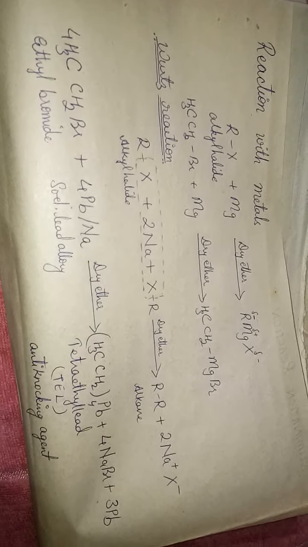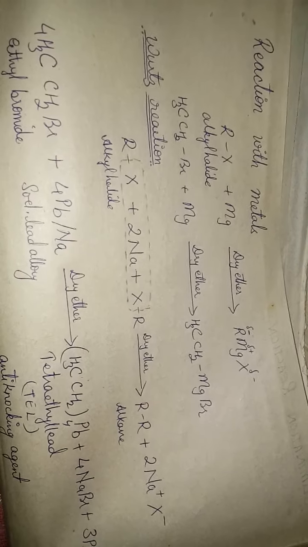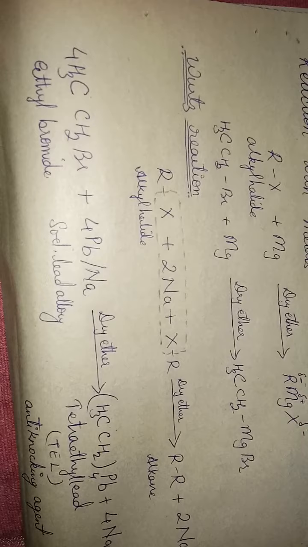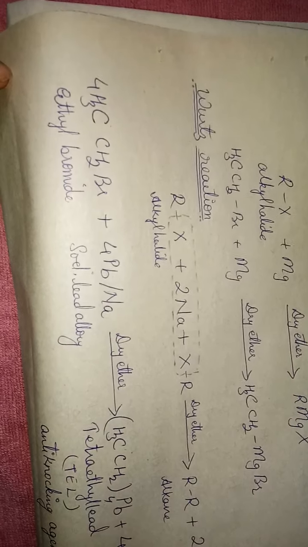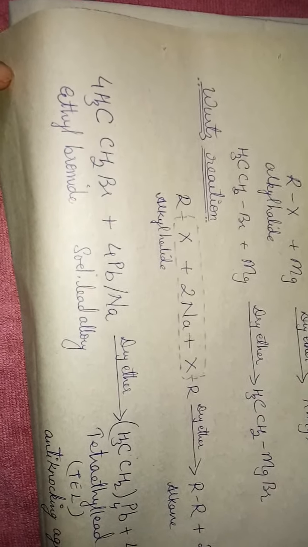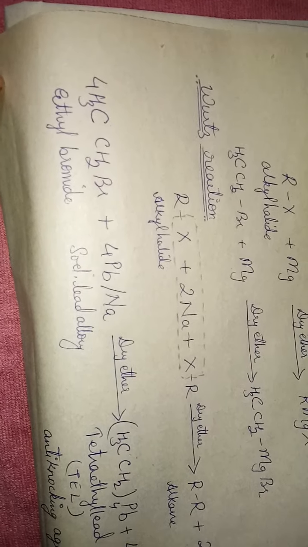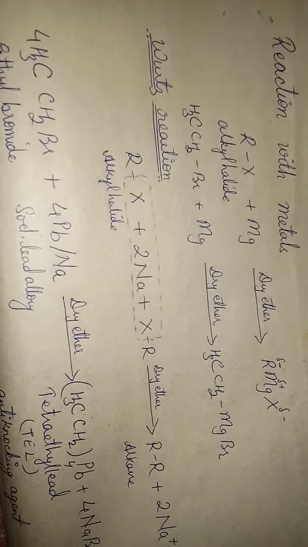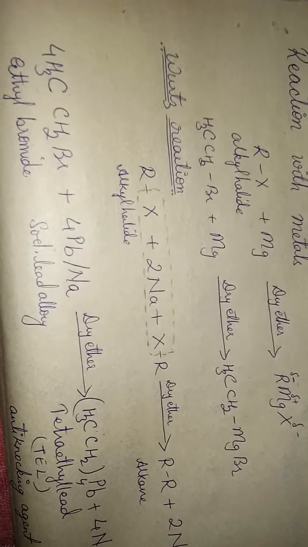Now the next type of reaction with haloalkanes is reaction with metals. Most of the organic chlorides, bromides and iodides react with metals to form compounds containing carbon metal bond. Such compounds containing carbon metal bond are known as organometallic compounds.